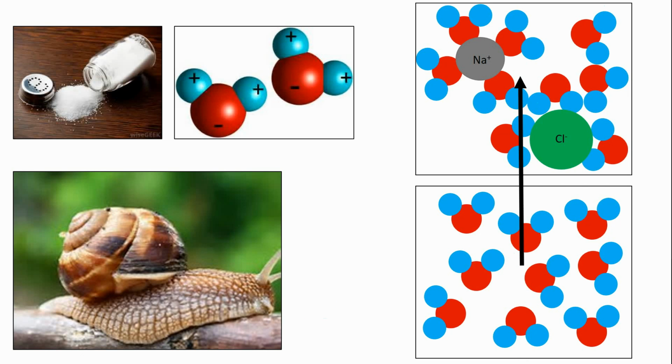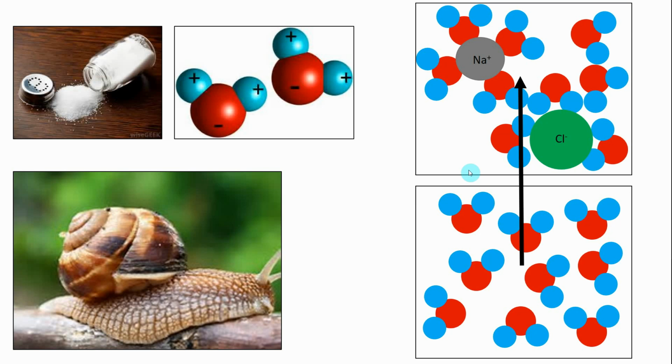So just to reiterate everything in the slide, because it is very important to understand, we have put a solute, the salt, onto the snail skin, and the solute has made a more negative water potential, and water flows from a high water concentration to a low water concentration, from a less negative water potential to a more negative water potential.